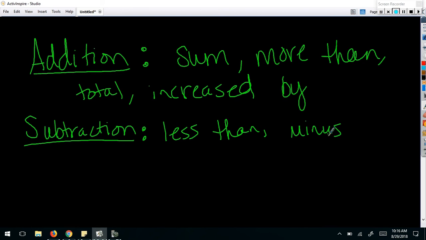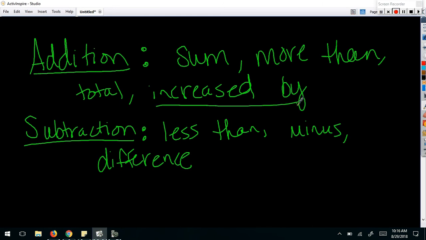There's a big one that starts with a D. D-I. Difference. The difference of two numbers means to subtract. If addition is increased by, what could we use for subtraction? Decreased by.